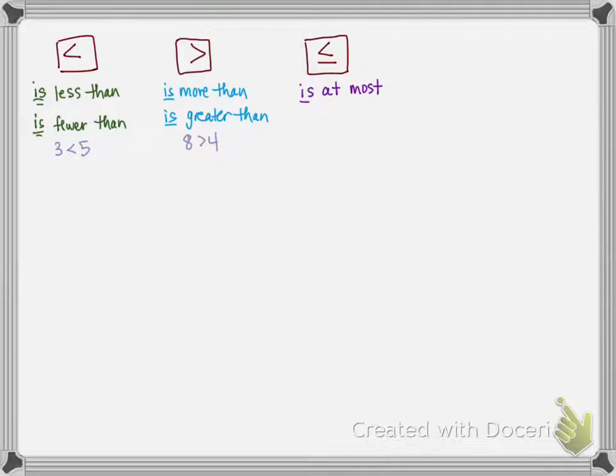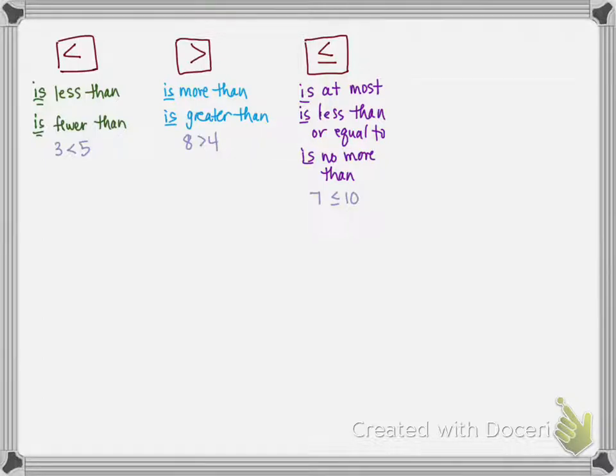So the or equal to is the most, and then it could be smaller than that. Is less than or equal to, that's pretty straightforward. And is no more than. This is as big as it gets, but then it could be smaller. Okay, so we could say that 7 is less than or equal to 10.